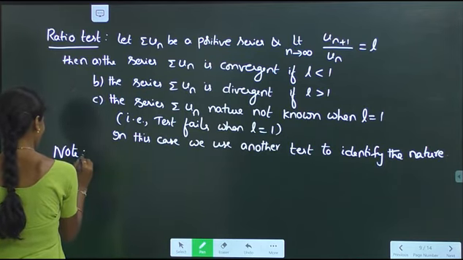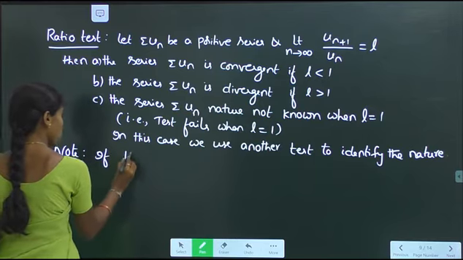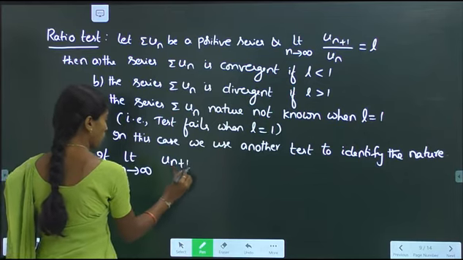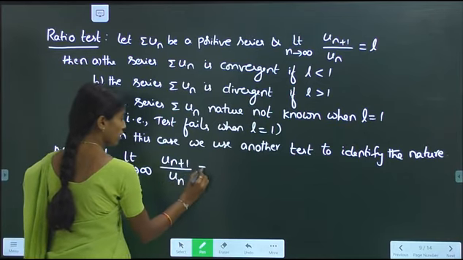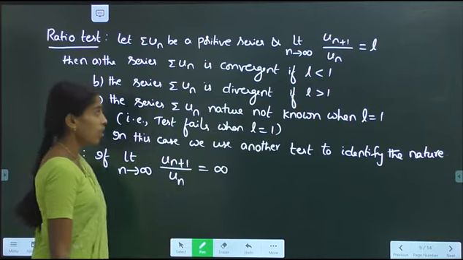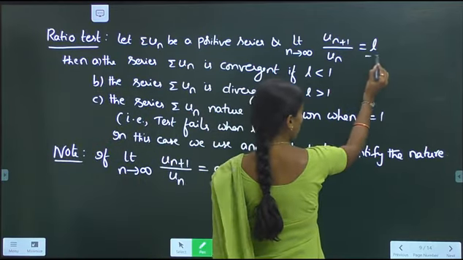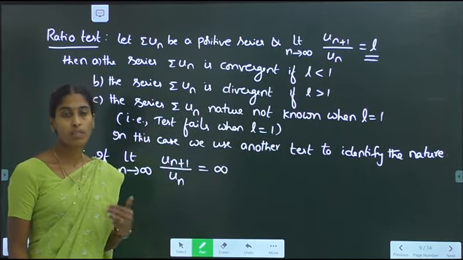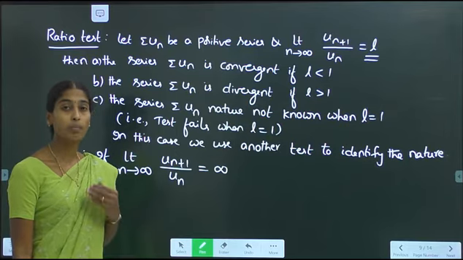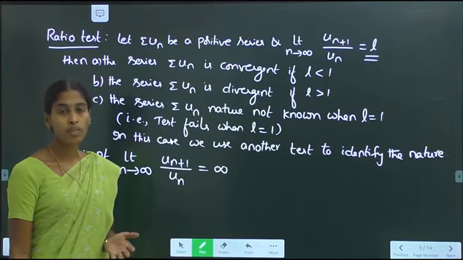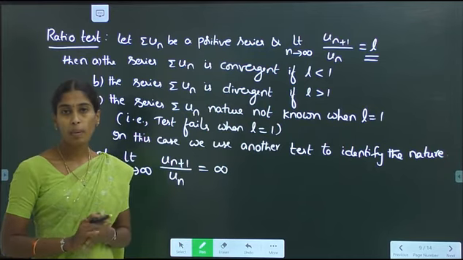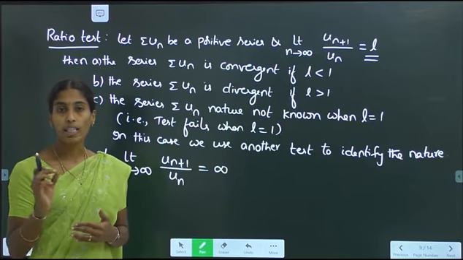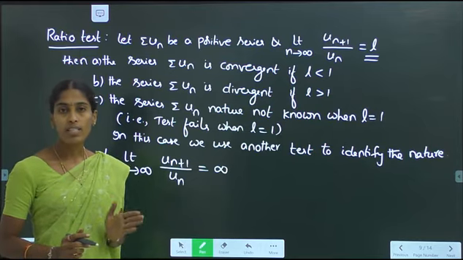Next note, if limit n tends to infinity, un plus 1 by un is equal to infinity. Here we are not saying anything about the limit value. That L may be plus infinity or minus infinity, or it may be 0 or 1, any value. But whenever we apply the limit form of comparison test, that is limit n tends to infinity, un by vn is equal to L, there L is a non-zero finite value.